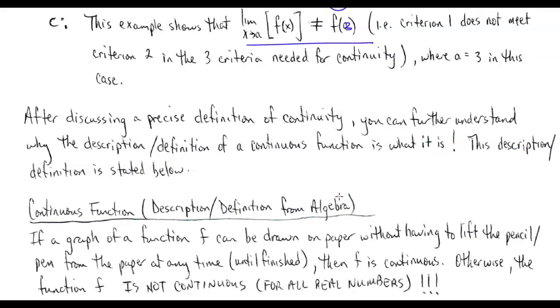Now, I wanted to take a step back here so that we can think about what continuity actually is from a layman's point of view. Remember that when you first learned about continuity, your algebra instructor probably told you that functions that are continuous, you can draw them with your pencil or pen without having to pick it up for the values of x where it's continuous.